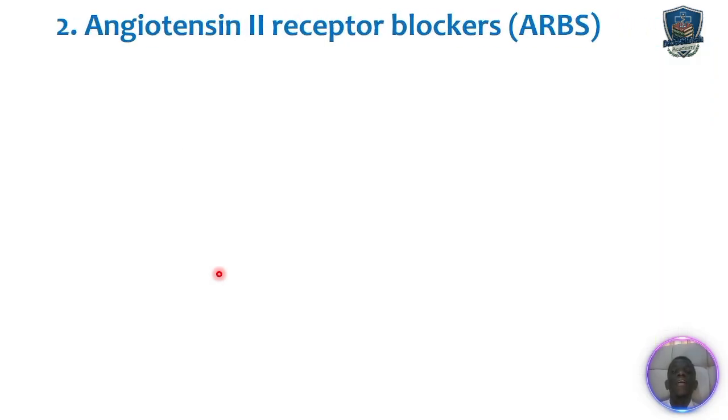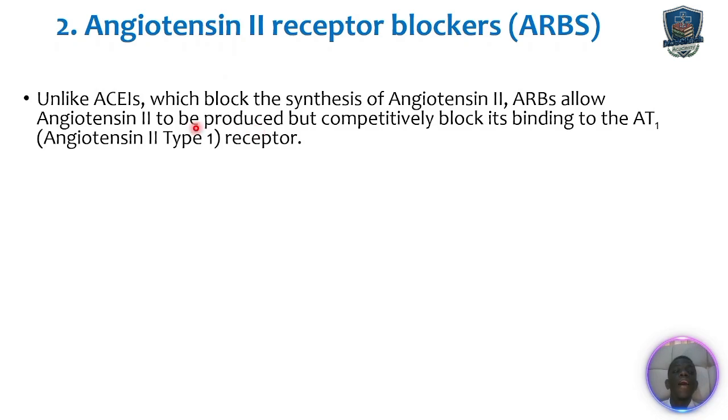Now let's go to our second drug class, and that's the angiotensin II receptor blockers. So this is a keyword here: receptor blocker. It blocks angiotensin II from binding to its receptor, the AT1 receptors. Unlike the angiotensin converting enzyme inhibitors, which block the synthesis of angiotensin II, angiotensin receptor blockers allow angiotensin II to be produced, but competitively block its binding to the AT1 receptor, the angiotensin II type 1 receptor.